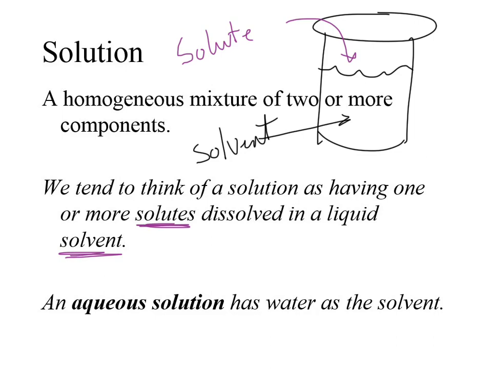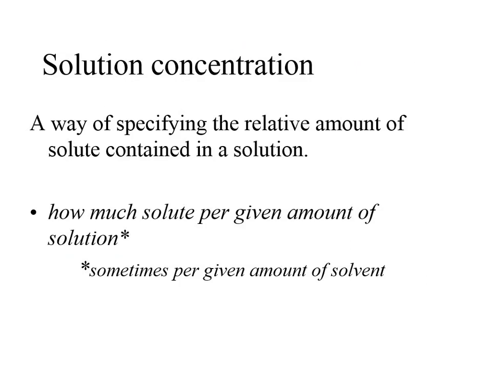An important type of solution is called an aqueous solution. The AQ means you have some sort of ions running around in water. So an aqueous solution has water as the solvent. If you've ever heard the phrase, water is the universal solvent, it's a pretty darn good solvent. A lot of things dissolve in water. Not everything, though, obviously.